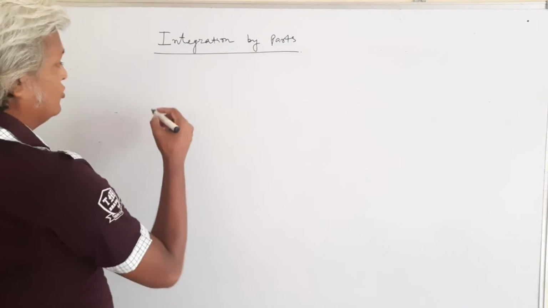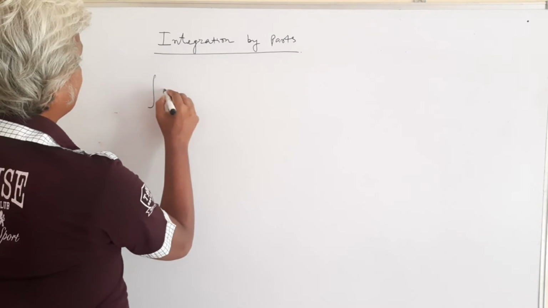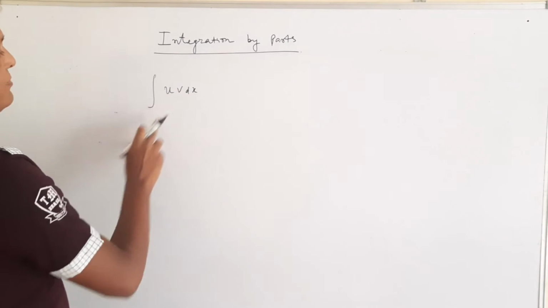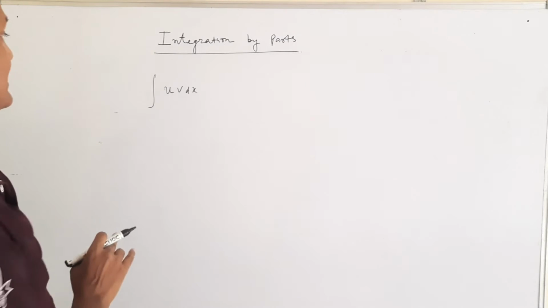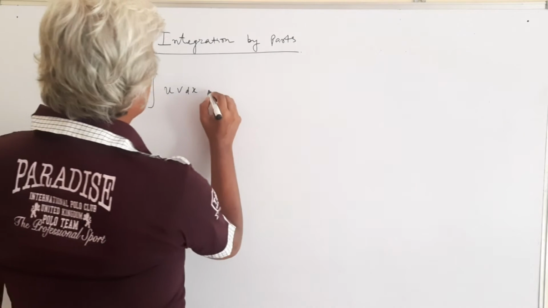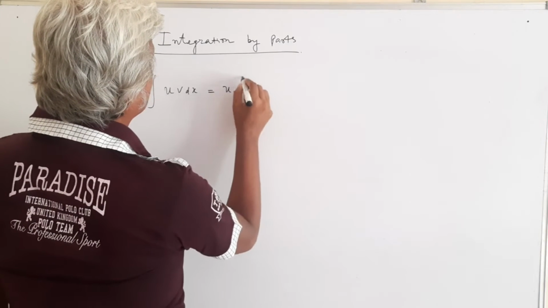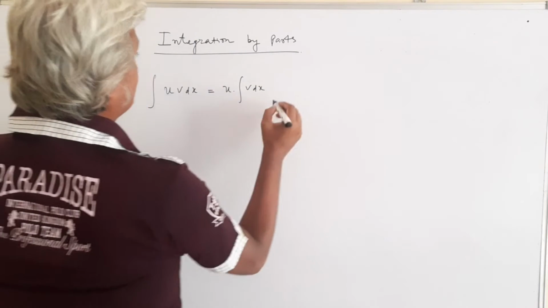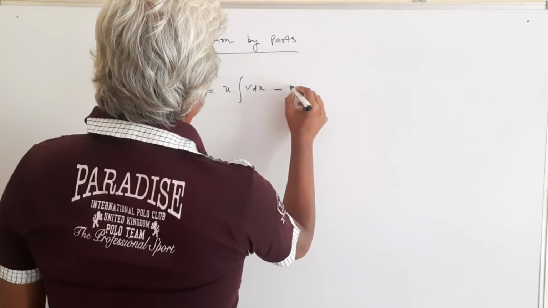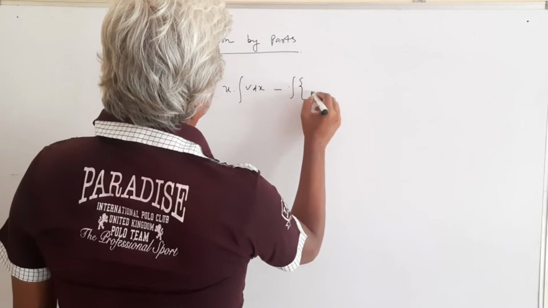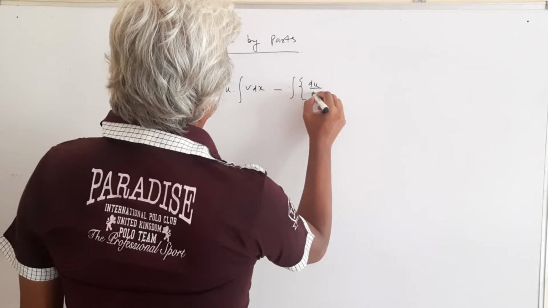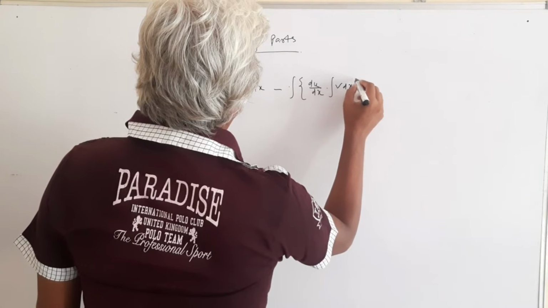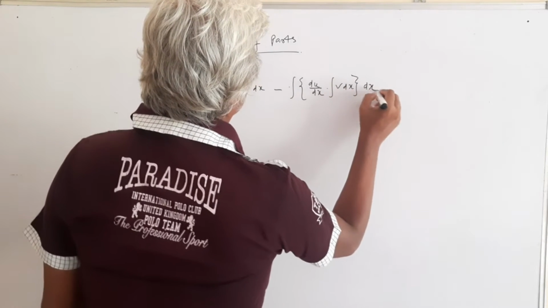The rule goes like this: the integration of uv dx, where u and v are both functions of x and they are integrable, is u into the integration of v dx, minus the integration of du over dx times the integral of v dx, dx.